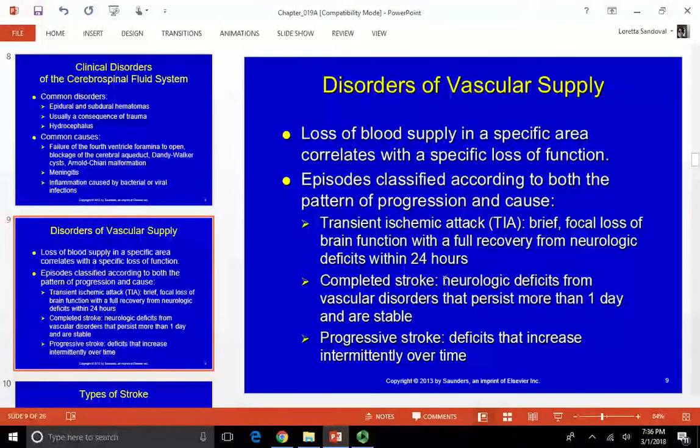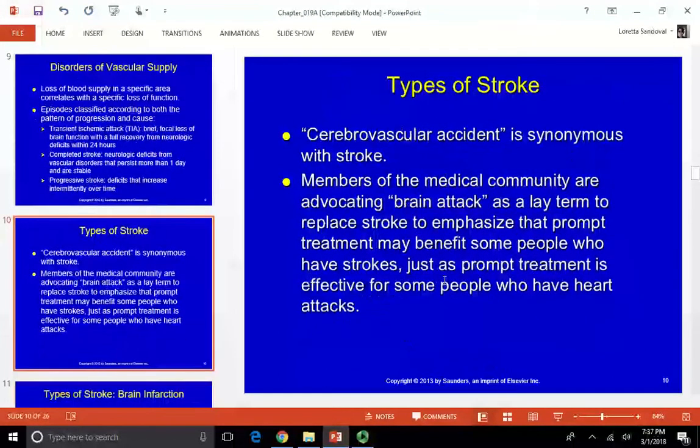An ischemic stroke can be progressive as well if there are multiple clots in the system, but generally that's how it goes. Sometimes with a hemorrhagic stroke, and we'll talk about this a little bit later, the deficits decrease over time as the excess blood in the area gets cleaned up by the body. So we'll talk about different types of stroke and different effects.